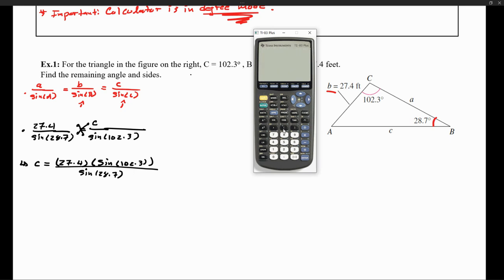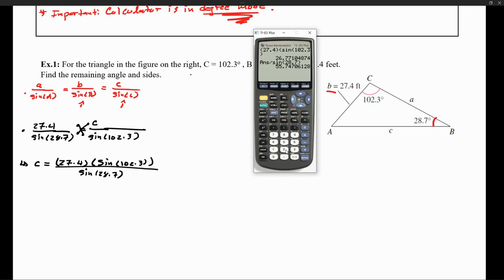So we got 27.4 times the sine of 102.3, and all this. So let me press enter. And this is going to be divided by the sine of 28.7.